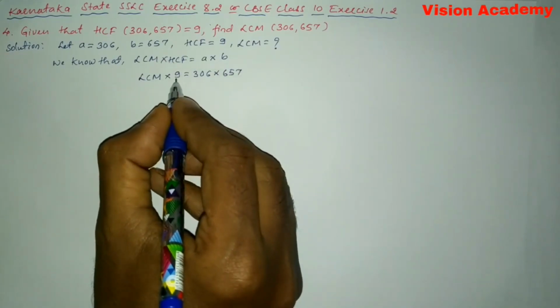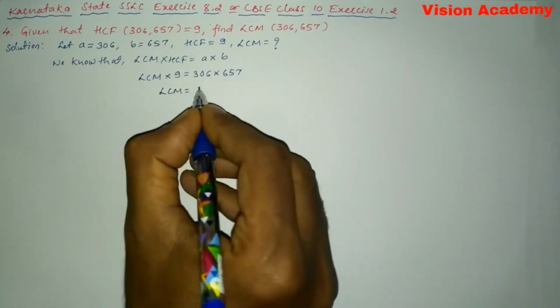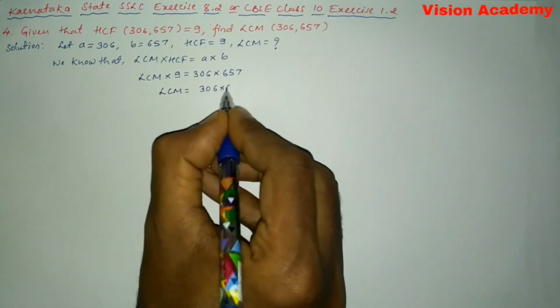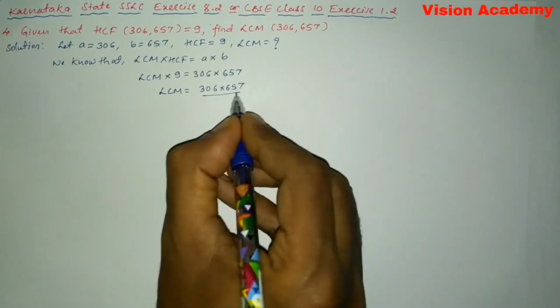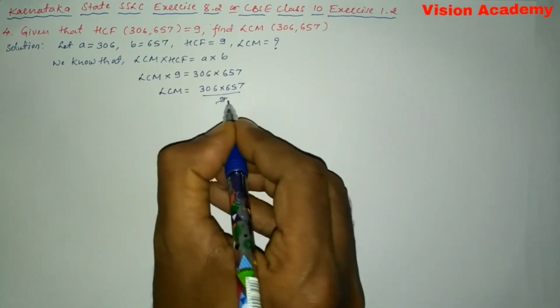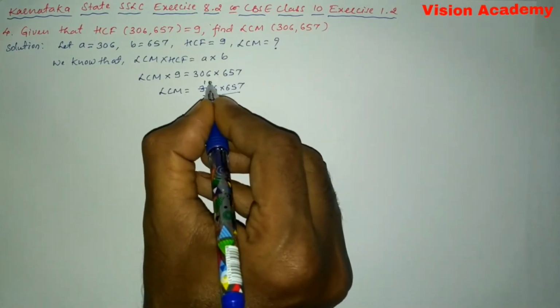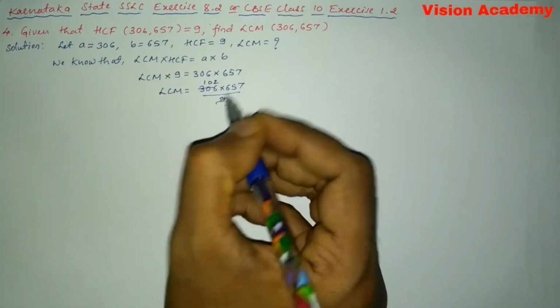Here let us transfer this 9 from LHS to RHS. We will get LCM is equal to 306 into 657 whole divided by 9. So here this one will get divided by 3. 3 3s are 9, 3 1s are 3, and 3 2s are 6.